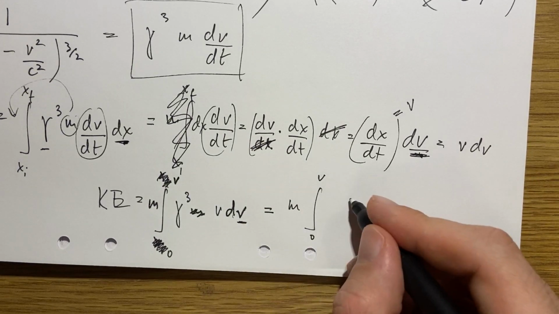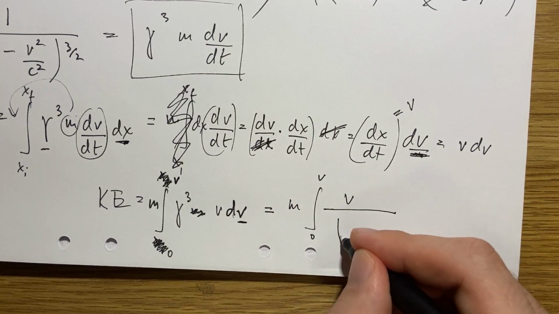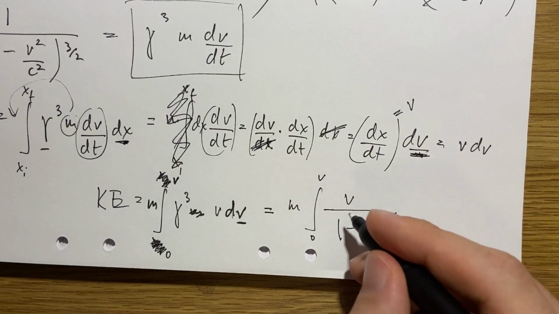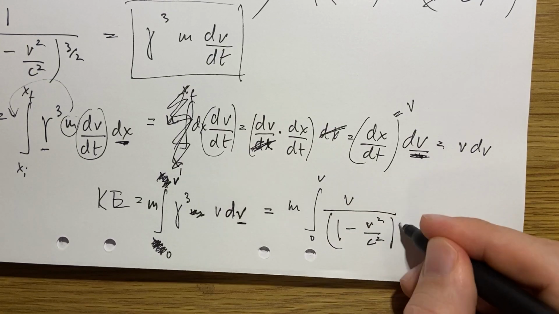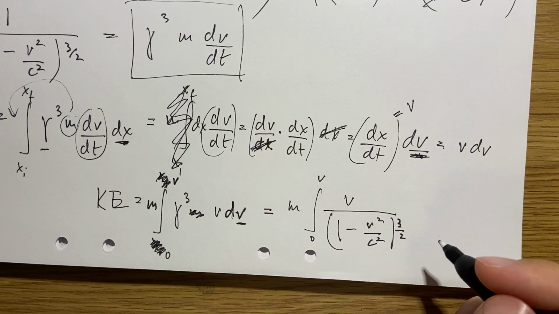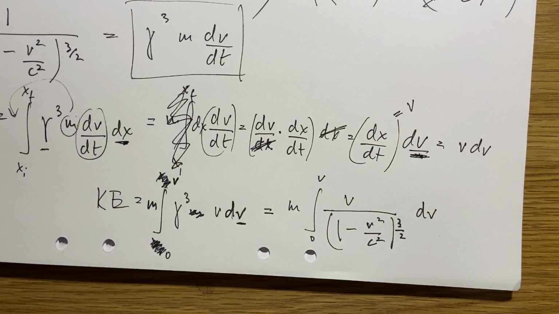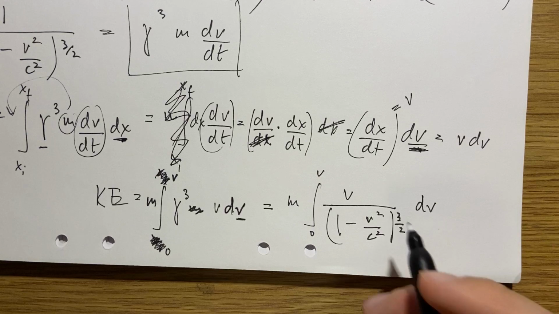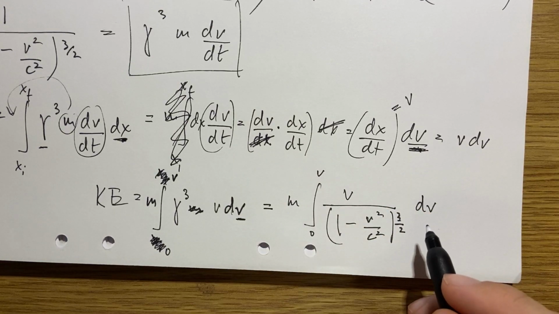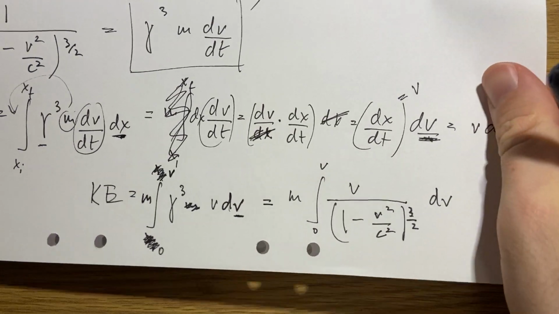So Lorentz factor, then we need to have the v still there, v divided by 1 minus v squared over c squared, and that to the power of 3/2, because it's cubed, dv. All right, how do we integrate this expression? Well, that's going to be a challenge. Let's continue on another page.